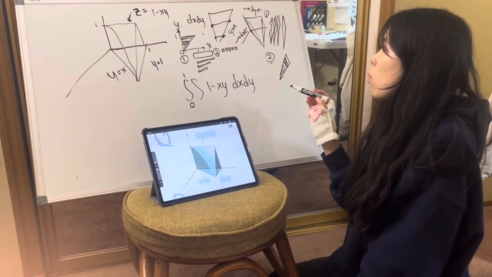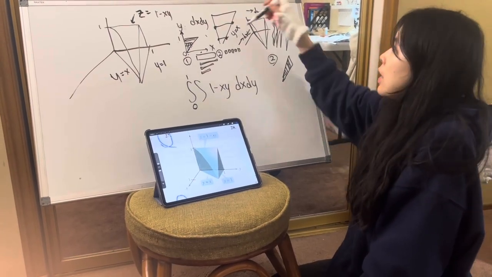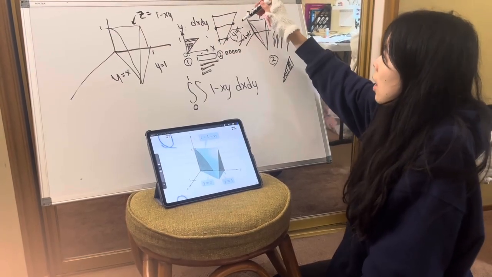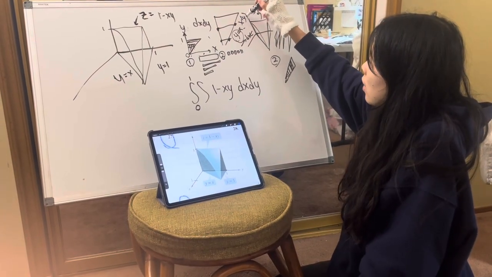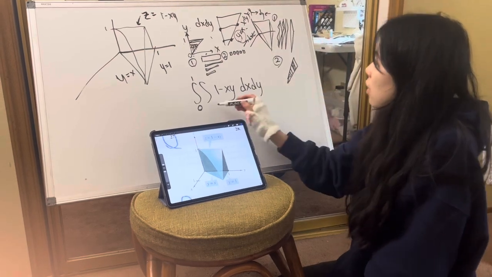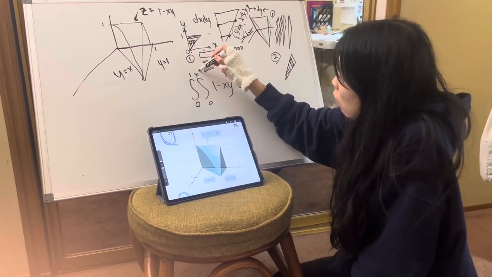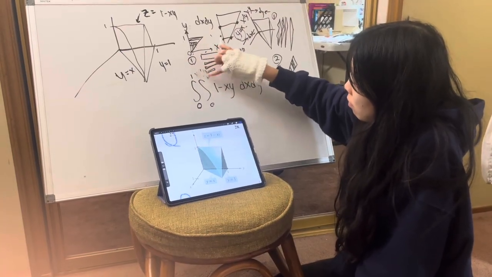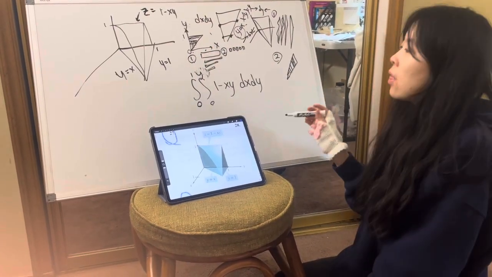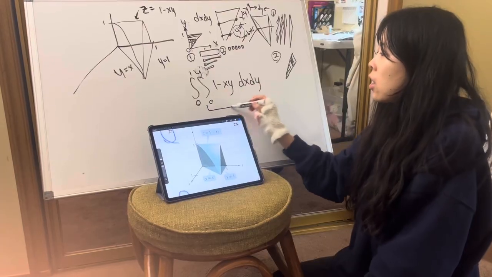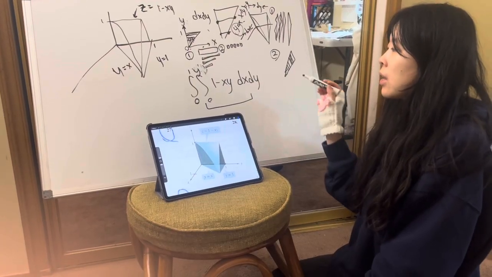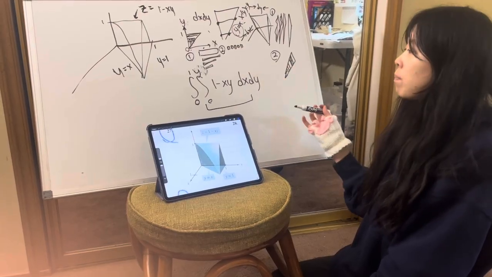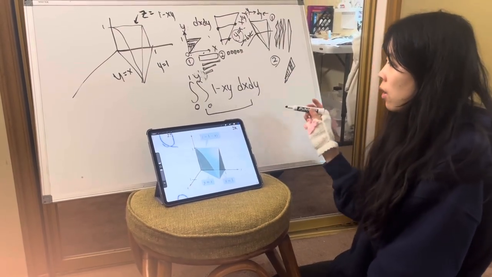And since we want the x coordinate, it's given by x as a function of y, which equals y. So the bounds are 0 to y. And that way, evaluating the inner integral also makes it a function of y, so we can evaluate the second integral, which is dy.